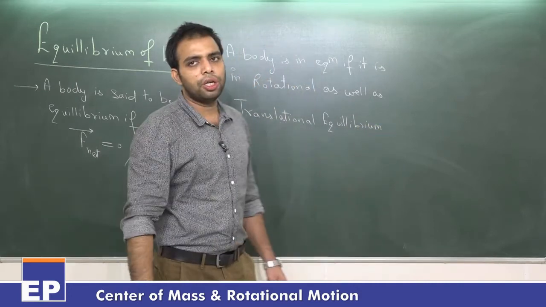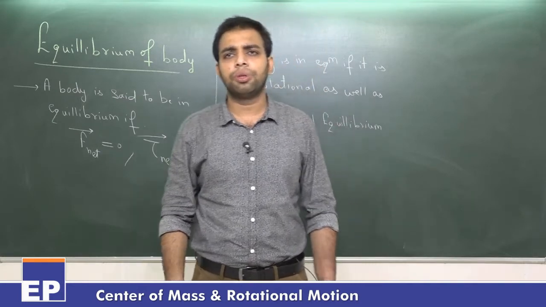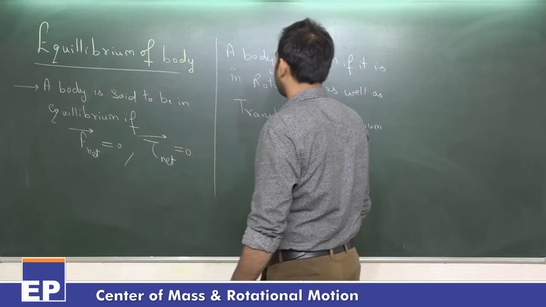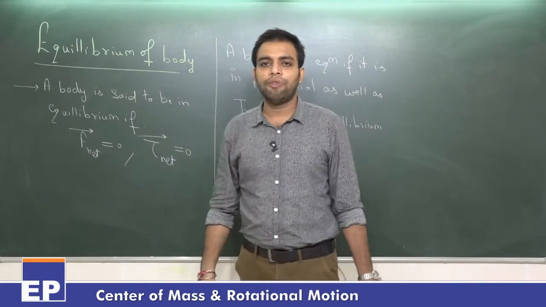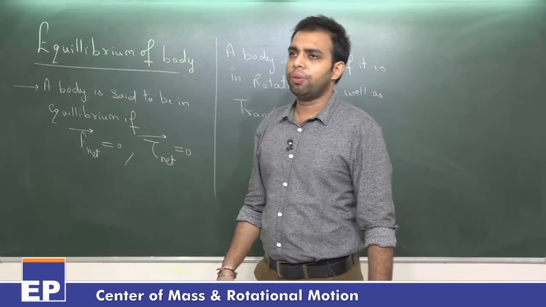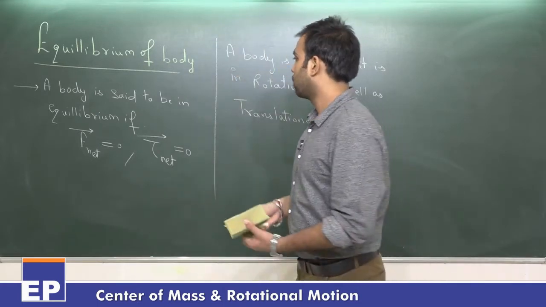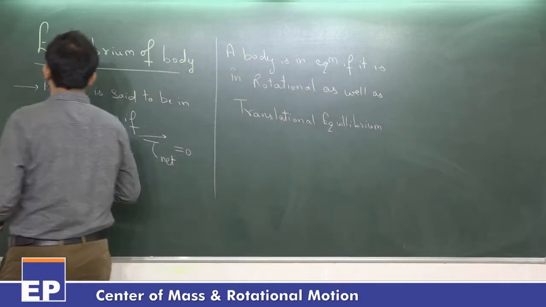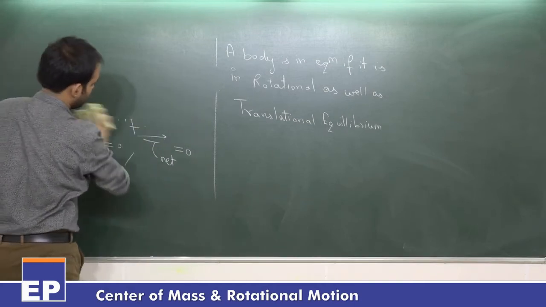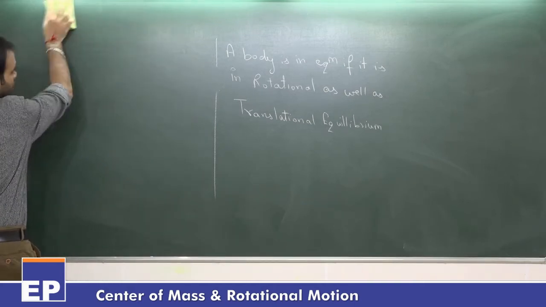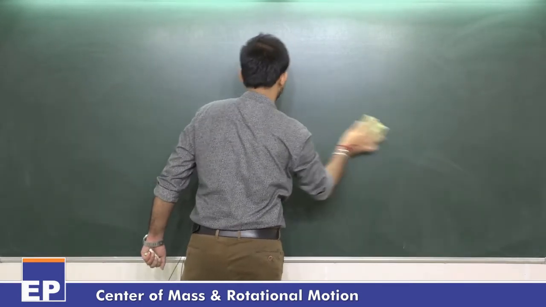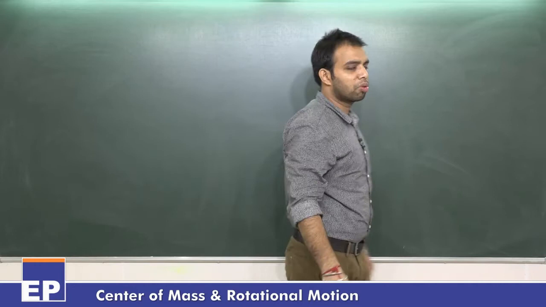If it is in rotational as well as translational equilibrium, then the body is said to be in equilibrium, right? So the net torque about this is 0 and also the net force acting on the body is 0. Then it is said to be in equilibrium. Is it clear? So at that time it is called in equilibrium.